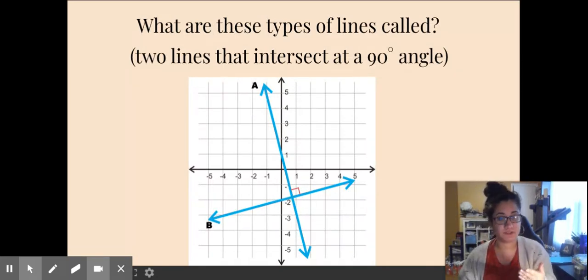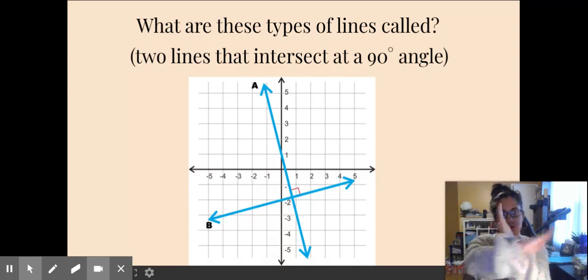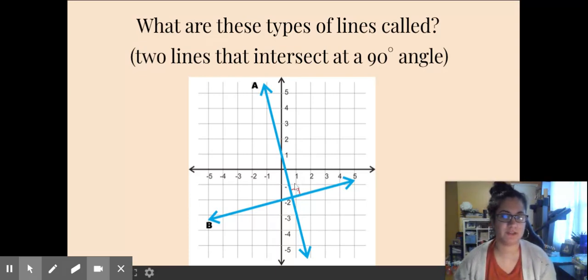And these two lines, we talked about this also. These two lines that intersect at a 90-degree angle are what we call perpendicular lines. They meet like this. They meet at 4 right angles. That's what that little red square symbol means, in case you forget: these are at a right angle.